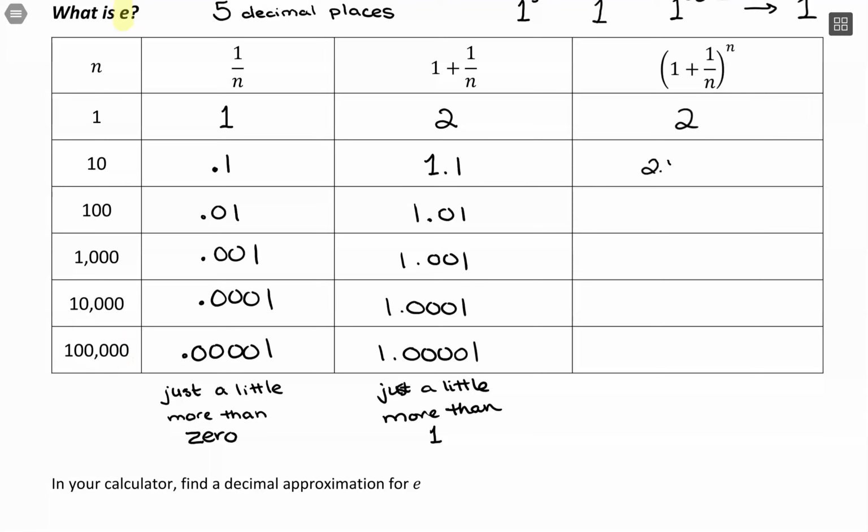Then this would be 2.59374. This would be with that exponent of 100. So we're taking that 1.01 and raising it to an exponent of 100. That would be 2.70481. This would be 2.71692.